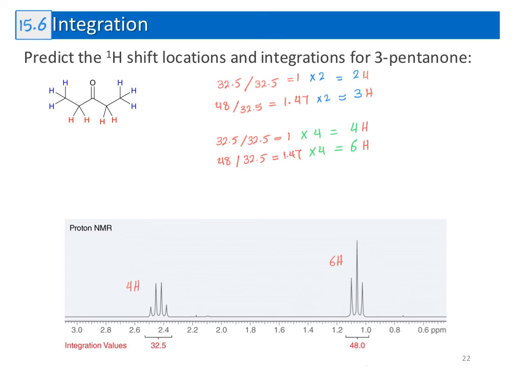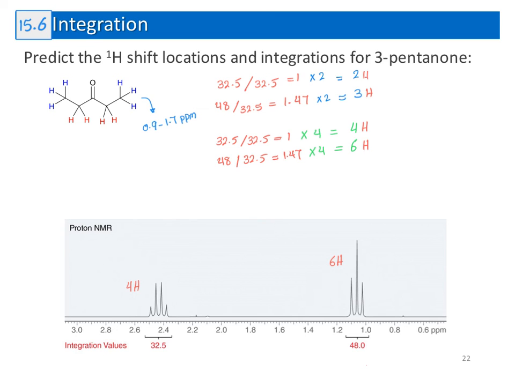Now I can assign these signals using chemical shift values as well. So if we look at blue hydrogens, this hydrogen is connected to the sp3 carbon, and that carbon is not connected to any electronegative atom, so it's an alkane, and alkane hydrogens appear at around 0.9 to 1.7 ppm.